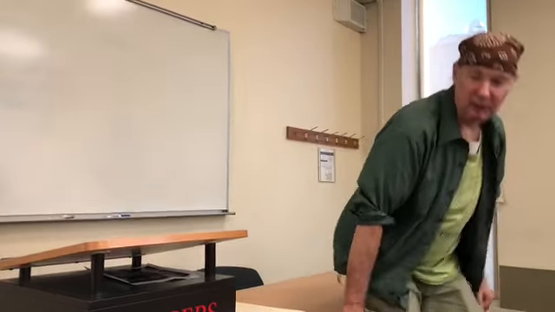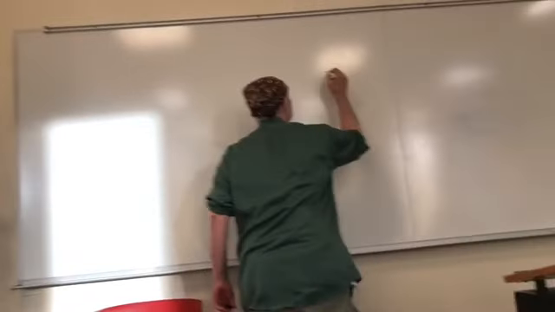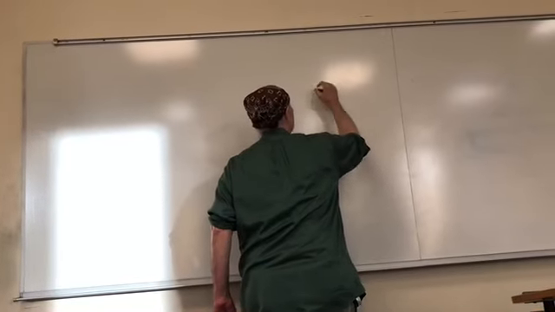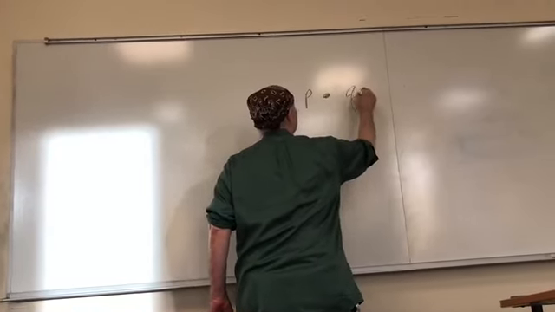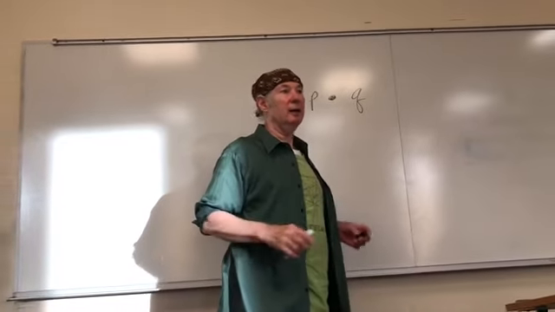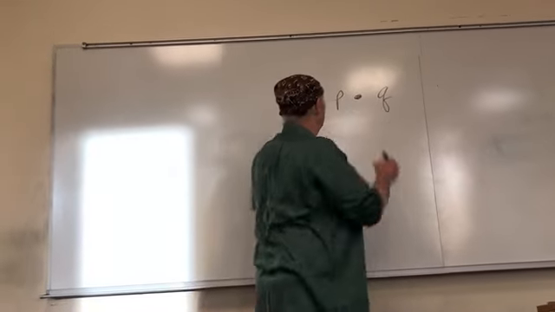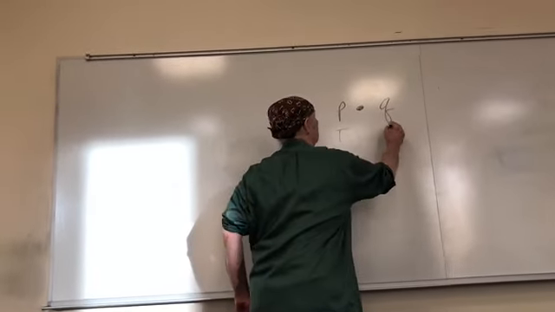So let's do that. We'll look at the squiggle, we'll look at the dot, which is the analog of and. There are 4 possibilities. They both can be true.